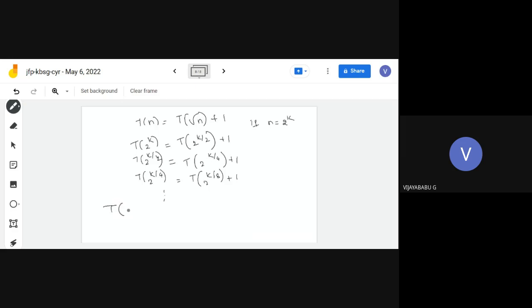I want to generalize this. T(2^k) is expressed in terms of 2^(k/2), then 2^(k/4), then 2^(k/8), and so on.